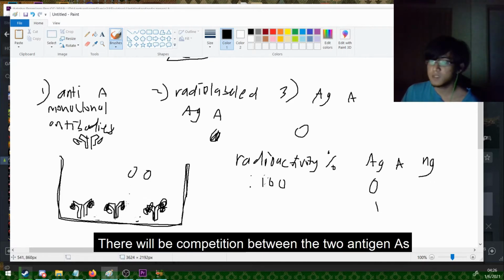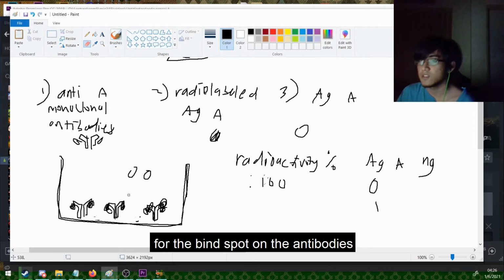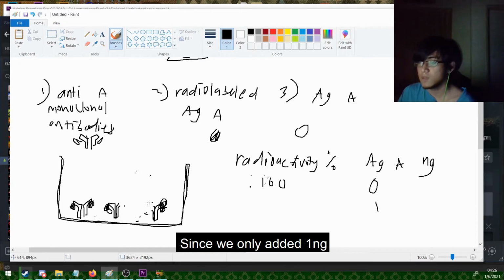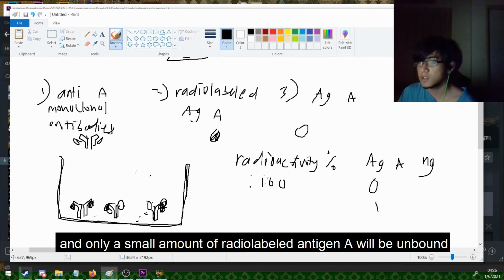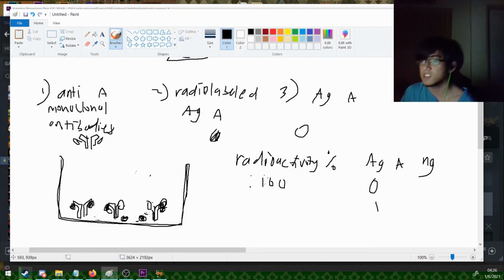There will be competition between these two different antigen A for the binding sites on the antibodies. Since we only added 1 nanogram, there will be less competition, and only a small amount of radiolabeled antigen A will be unbound, being replaced by unlabeled antigen A.